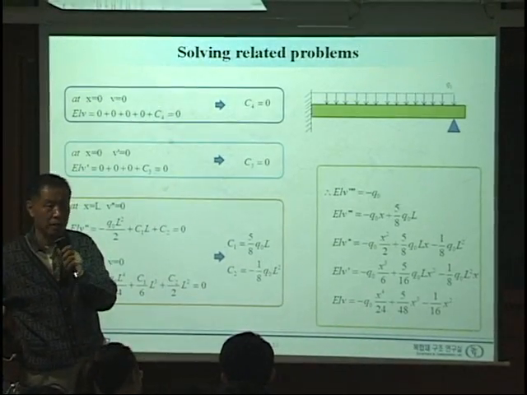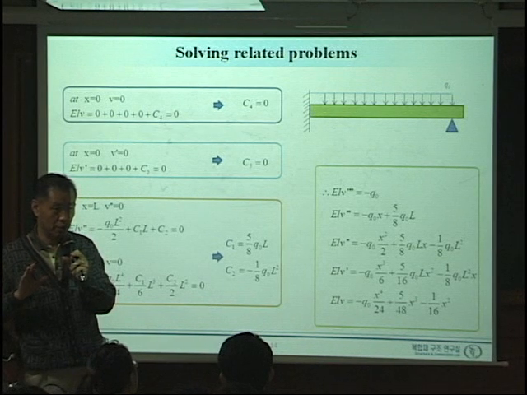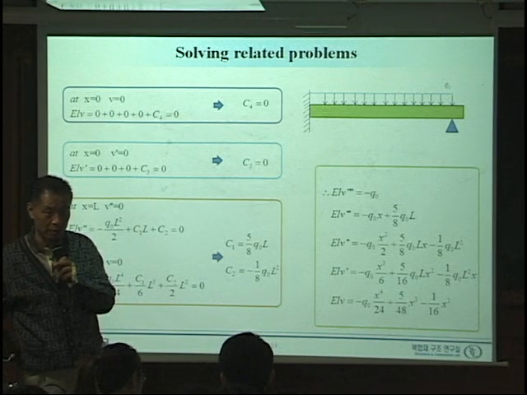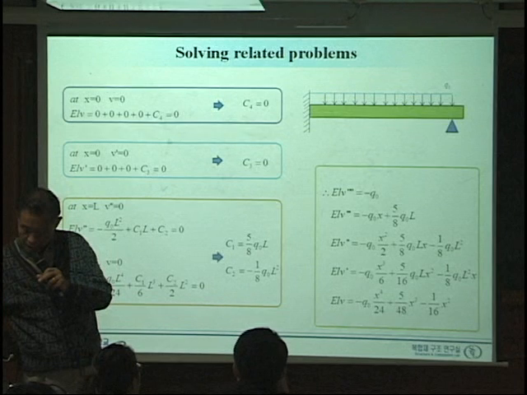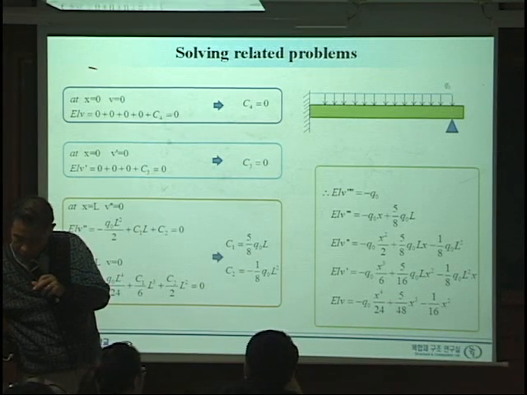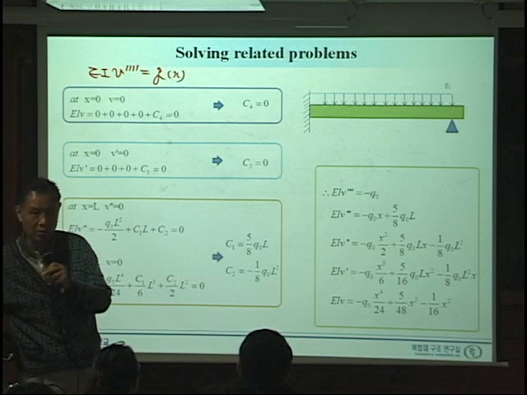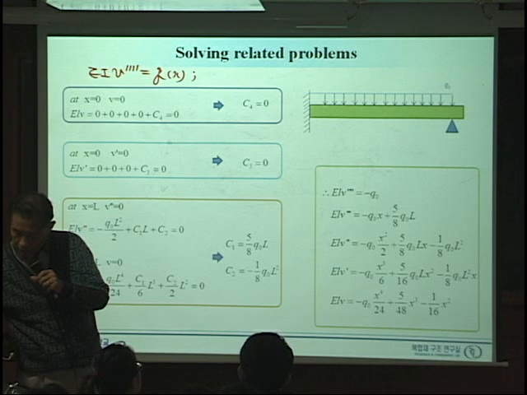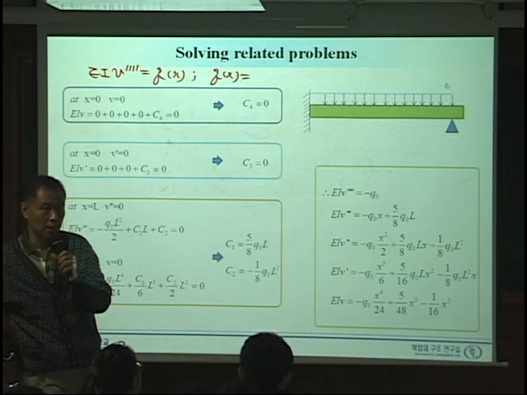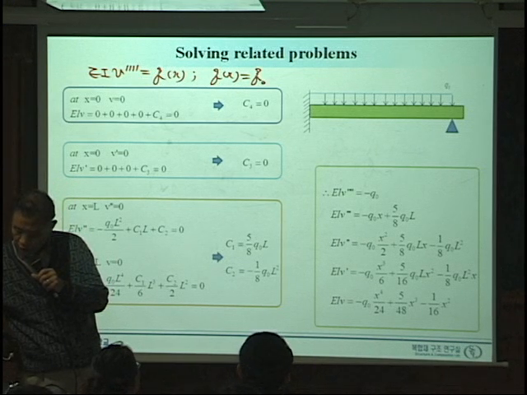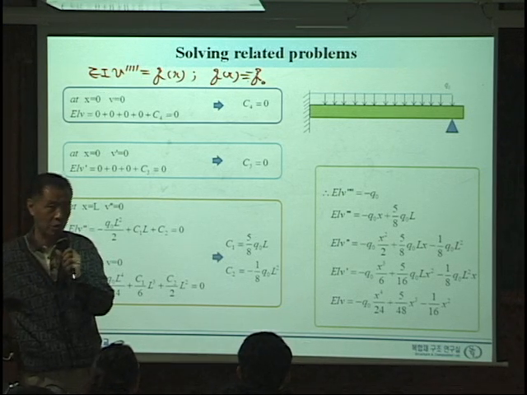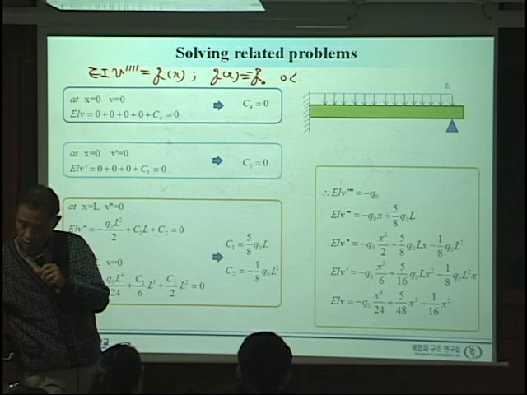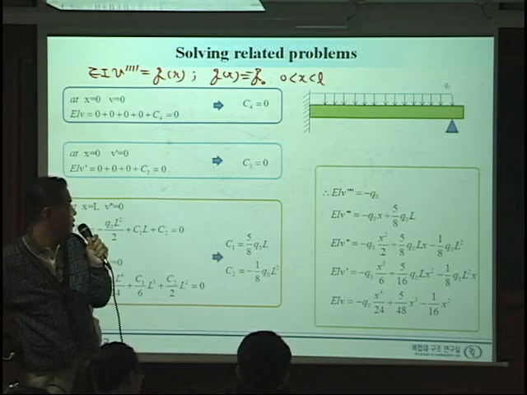I'm trying to emphasize that whenever you solve this kind of problem in your final exam, you always need to start with EI v''''(x) = q(x). That's the first equation you need to start with. And what is q(x) in this case? It is minus q0, a constant over the region.